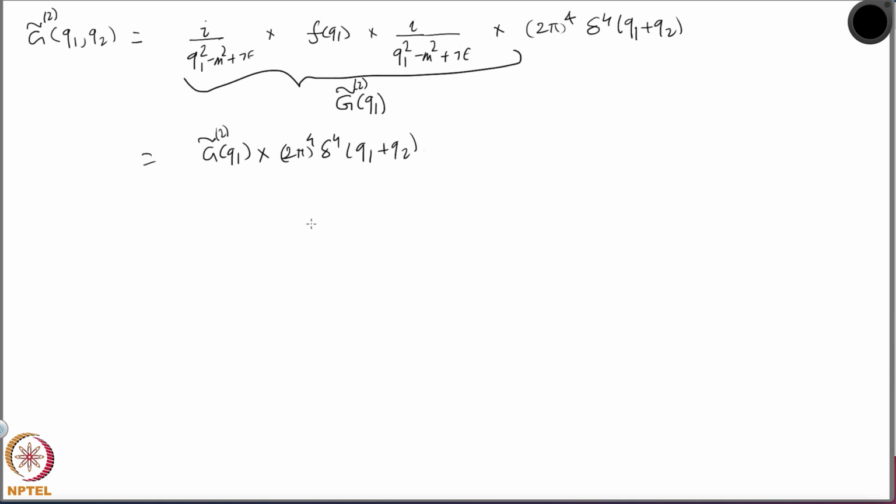Now I will show you that g tilde 2 here with only one argument q1 is basically a Fourier transform of the Green's function g tilde 2 of x1, x2, but involving only one variable.